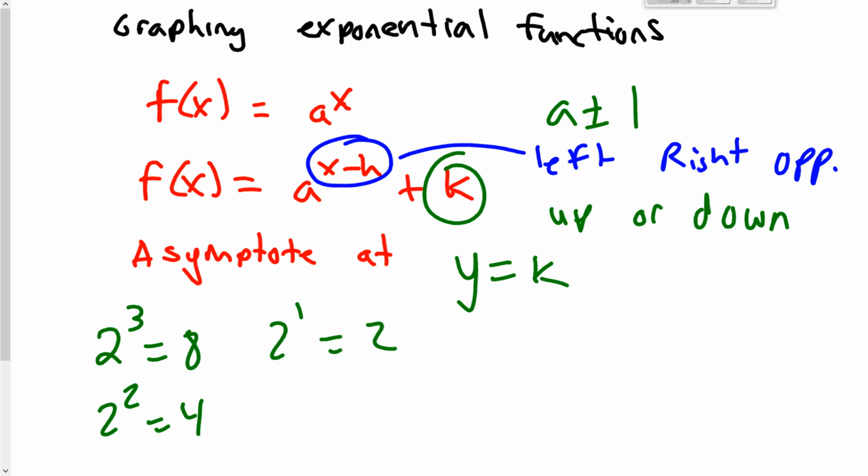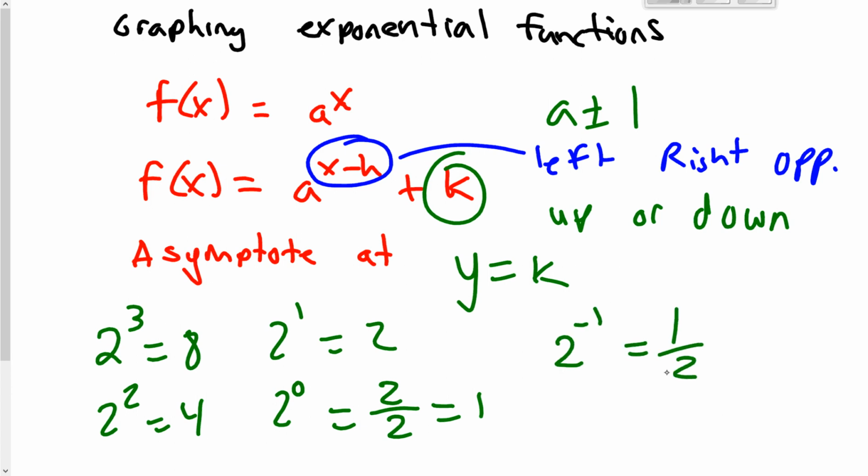So we continue to go down, right? As I continue to go down in exponents, I'm decreasing by my base. I'm dividing my answer by my base of 2. So 2 to the 0 would be my previous answer divided by the base 2, which is 1. And then 2 to the negative 1 would be my previous answer divided by my base 2.